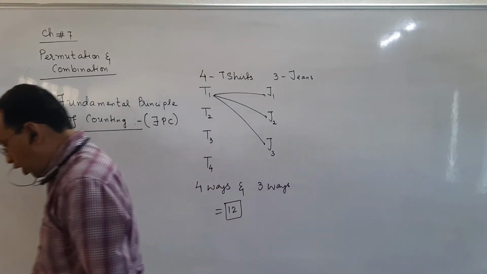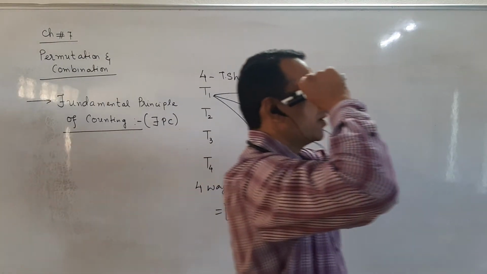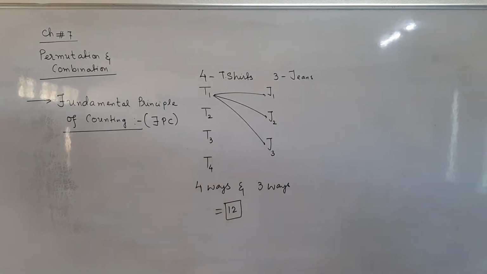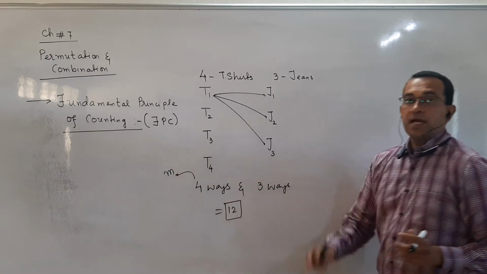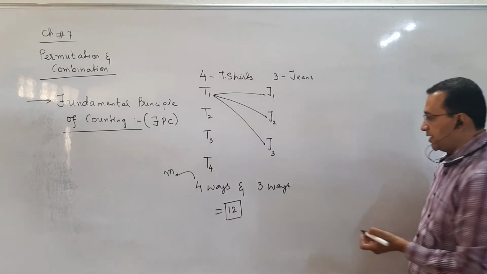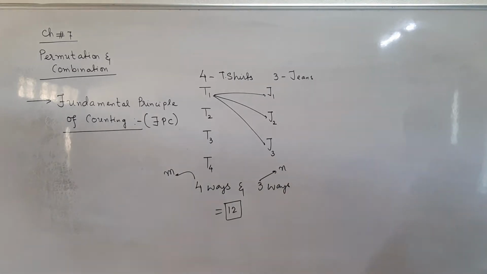So students, what is the fundamental principle of counting? Suppose one event can occur in m ways. This I generalize as m ways.